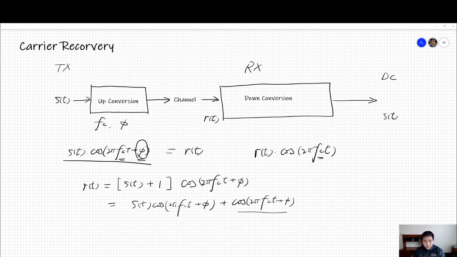Let's do a Fourier transform on the received signal r(t). The Fourier transform is R(f), equal to the Fourier transform of the first part, s(t) cosine of 2 pi fc t plus phi, and the Fourier transform of a pure cosine function, 2 pi fc t plus phi.